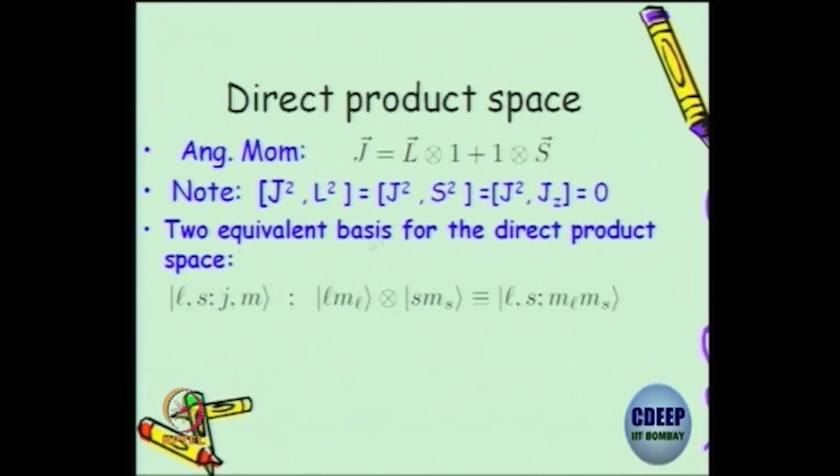Many times they don't really worry about putting the orbital and S specifically. They are more worried about putting the magnetic quantum numbers for them in the uncoupled and the total magnetic quantum number for the coupled. Okay. So some books might not write all the four, but it is incorporated. It is there.